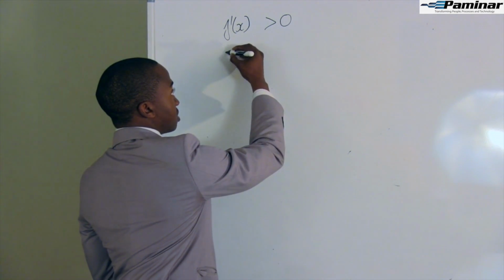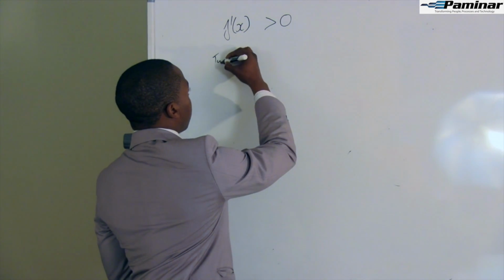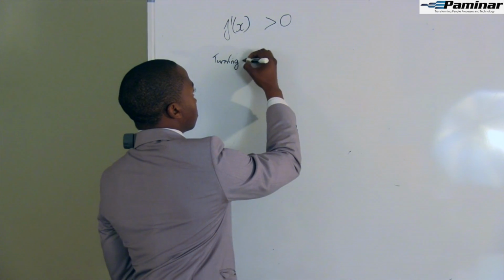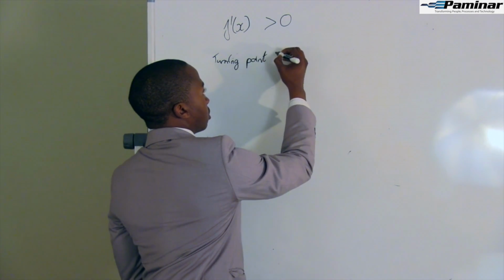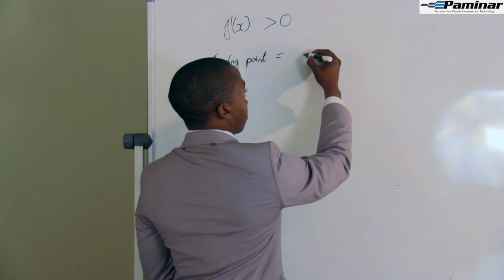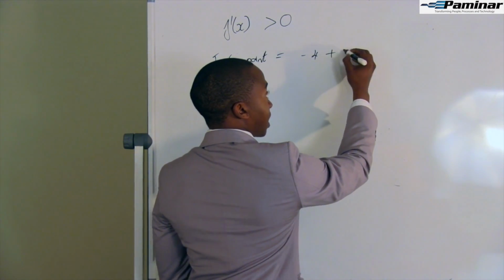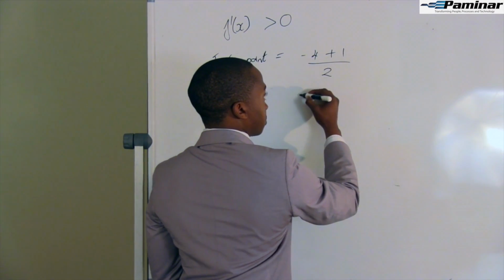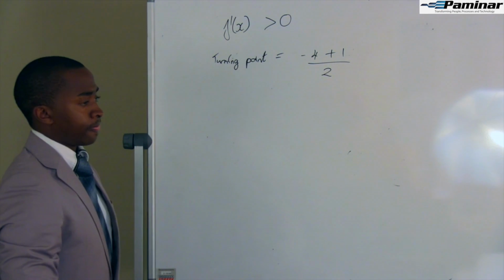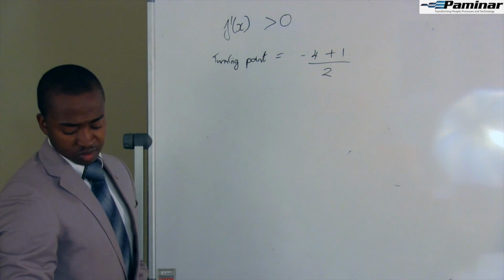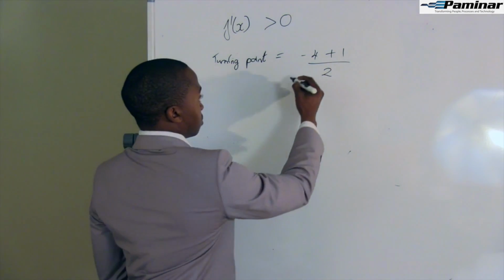So the turning point should equal -4 plus 1, all over 2.